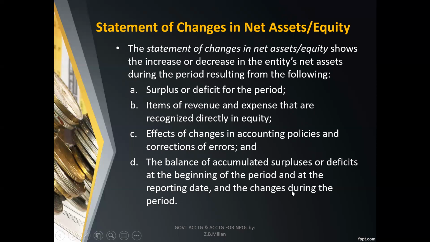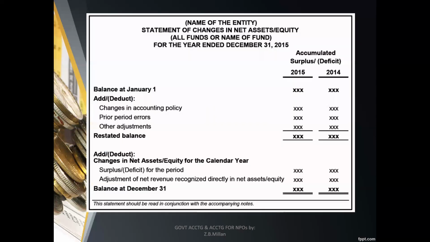But in the government accounting side, again, as mentioned earlier, the changes in the accounting policy and correction of errors will be presented as part of the statement of changes in net asset or equity. So we have here a sample, a pro forma statement of changes in net asset or equity.